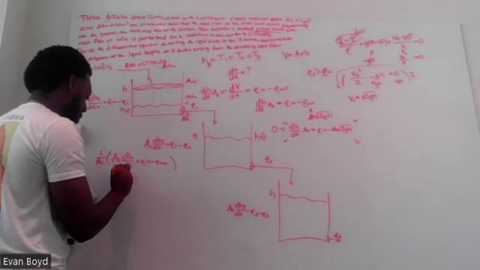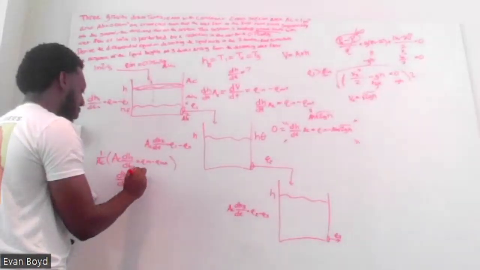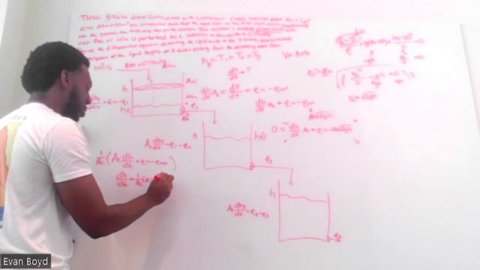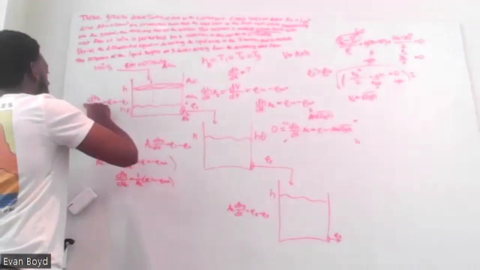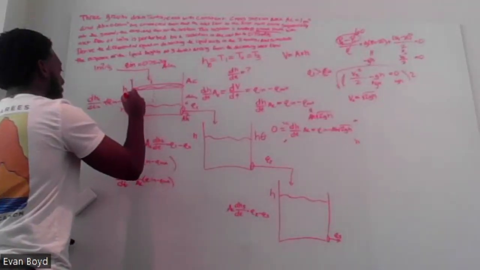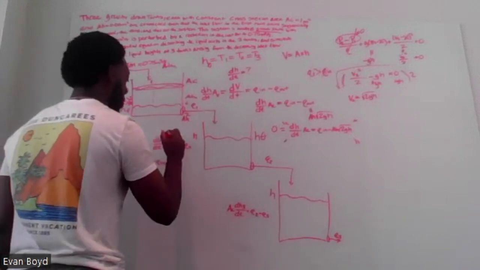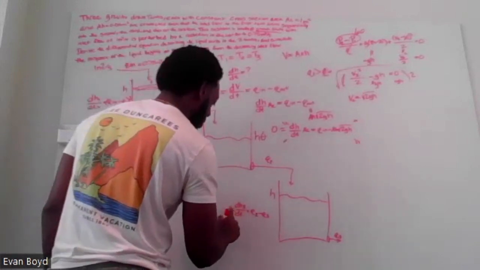The new formula should be dH over dt is equal to 1 over AC times Q in minus Q out. This is what it should look like. So these are all incorrect. Well, they're correct, but they need to be respected, AC divided by cross-sectional.